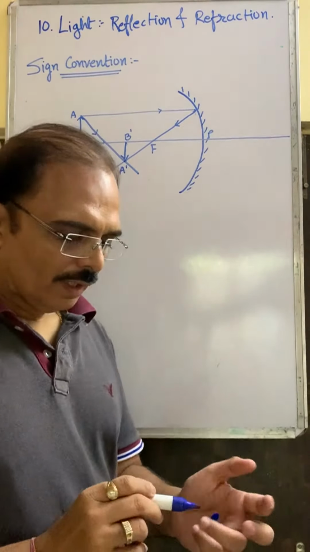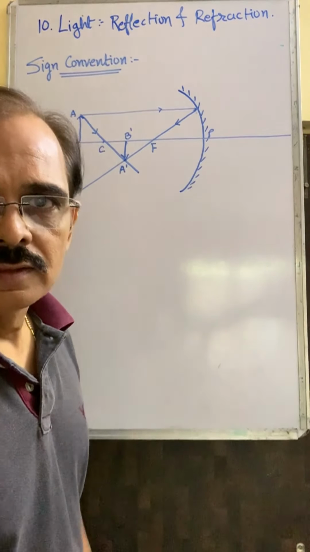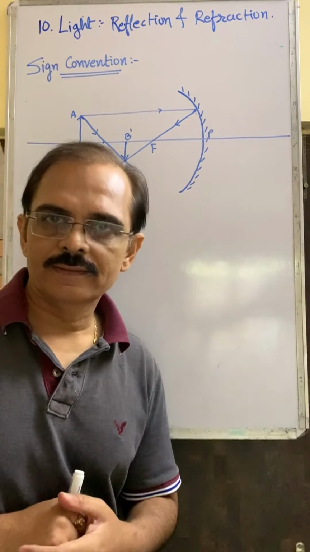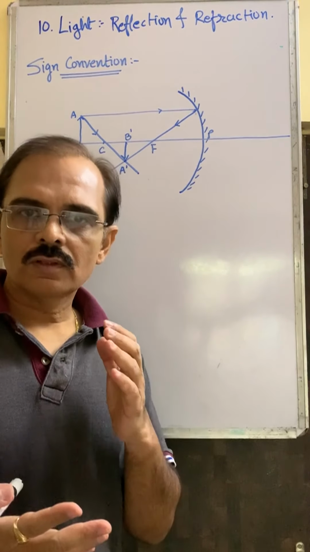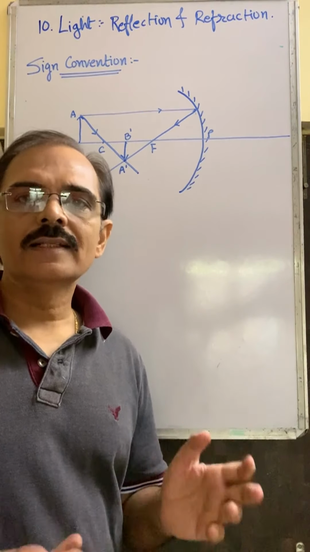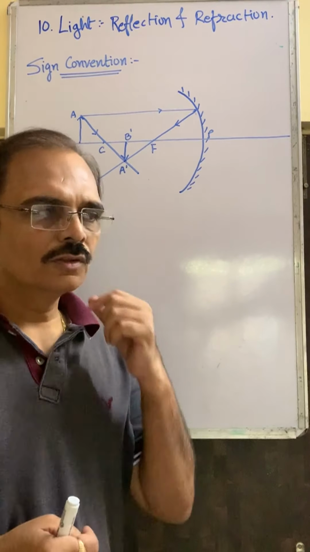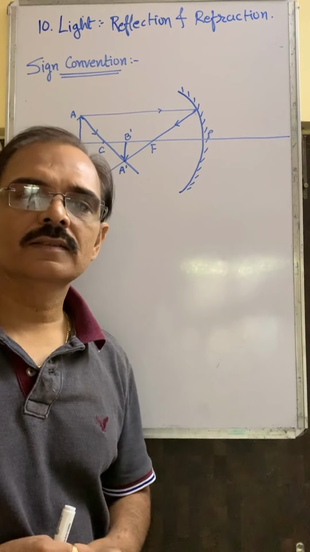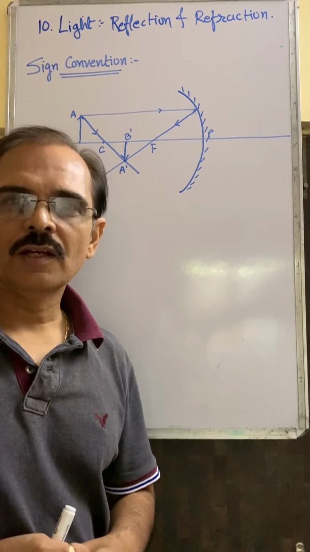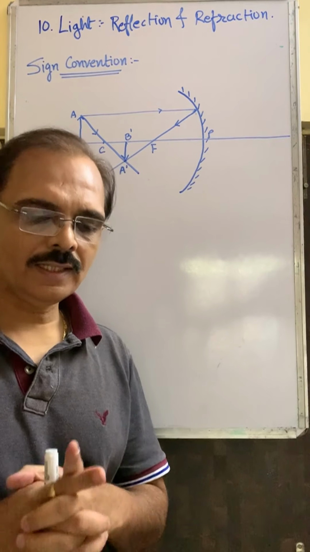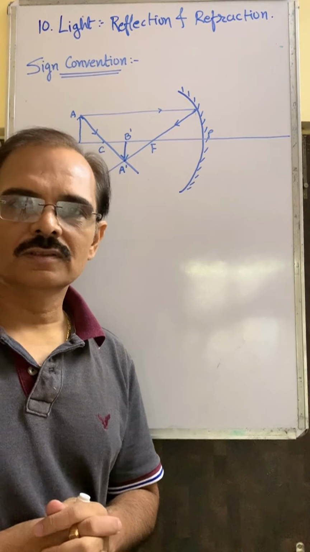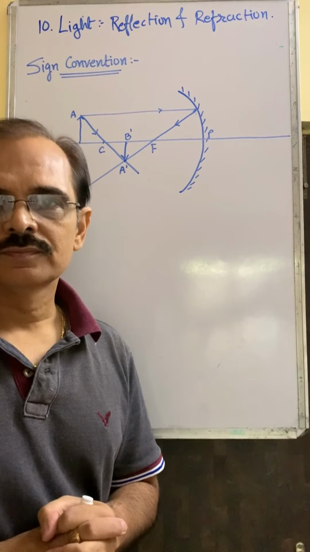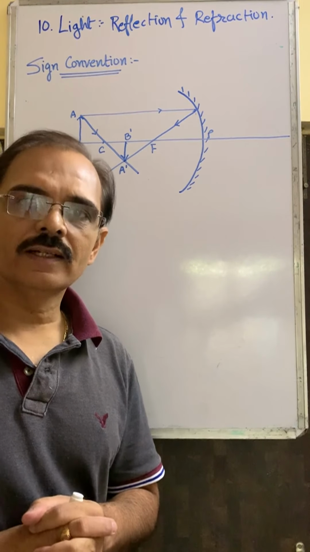See, sign convention. These are the rules for how to draw cases of spherical mirrors or lenses. These rules were derived by the mathematician known as René Descartes. Have you heard about it? In 9th standard, you heard about it in the coordinate geometry chapter, where the Cartesian product was there.